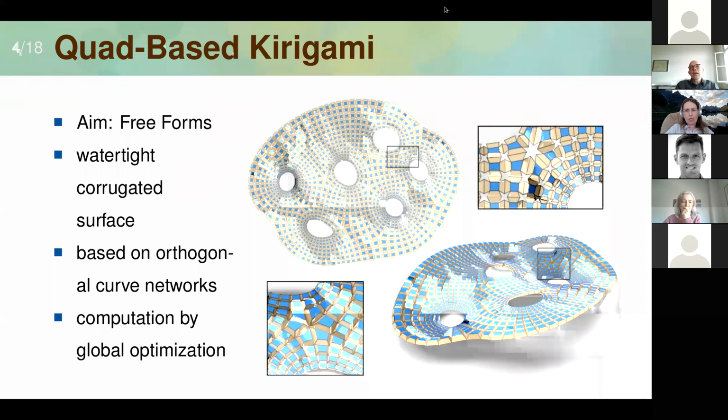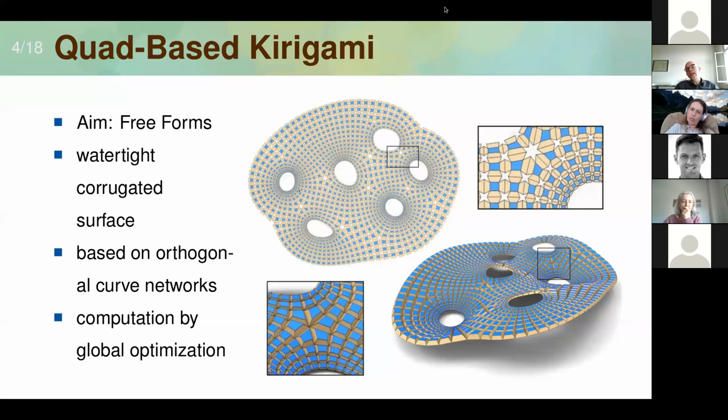So we cut holes into two-dimensional material like paper, and then we fold it. And the result is without holes. So by folding this up into space, the holes disappear. And the whole thing is based on orthogonal curve network.